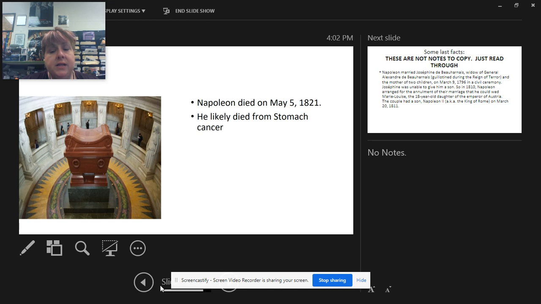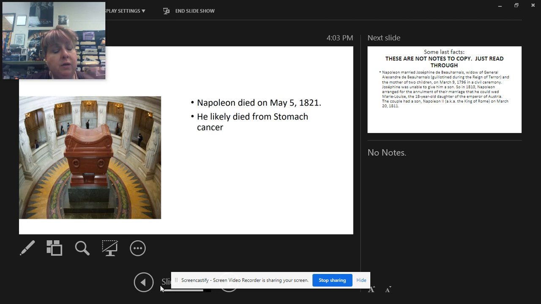He'll die in 1821, likely from stomach cancer. And we talked about that before, that portraits of him holding his stomach or in his pocket, in his coat, sometimes that's just how people posed back then. But it could have been also that he was suffering from stomach cancer. And he was very bloated later in life, and that also could have been from stomach cancer.